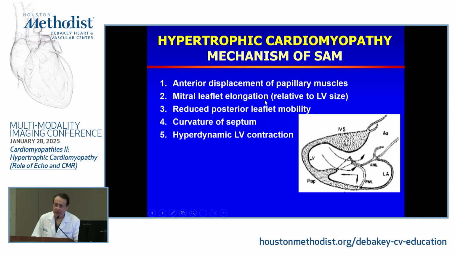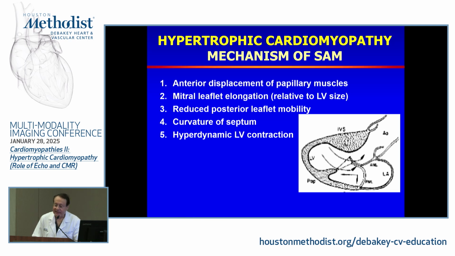That elongation of the anterior leaflet combined with a reduced mobility of the posterior leaflet results in a longer segment of the anterior leaflet that is free from coaptation with the posterior leaflet and thus subject to drag forces that lift it up, push it closer to the septum and produce dynamic obstruction.